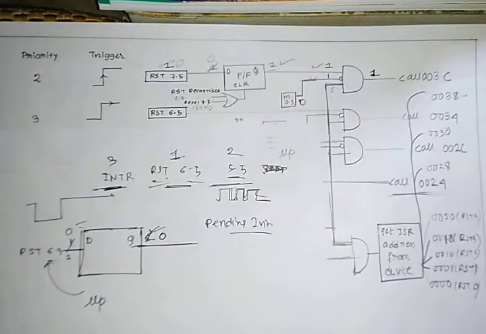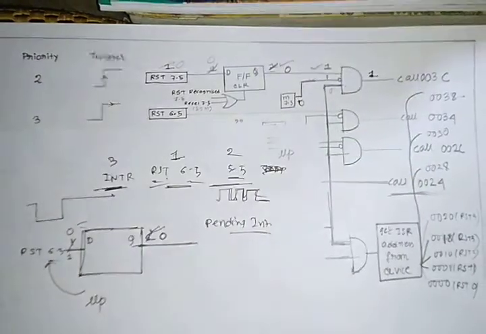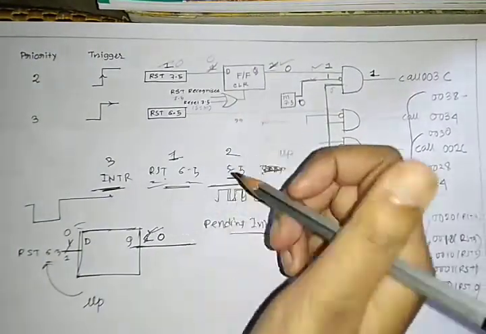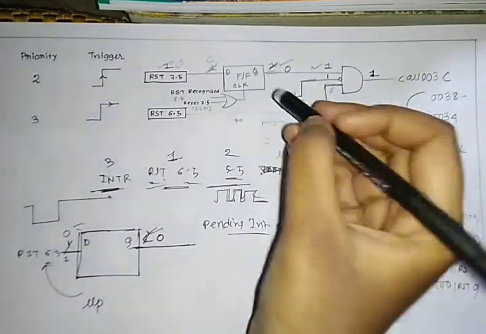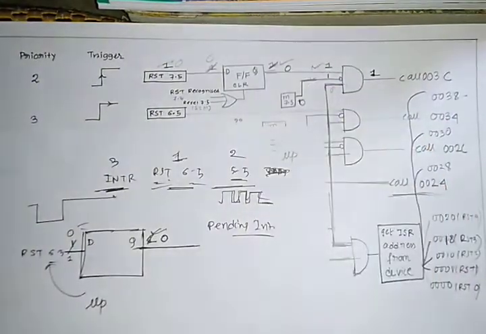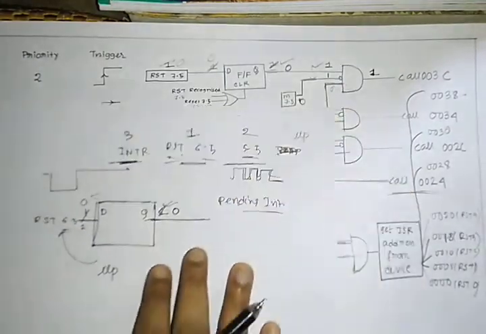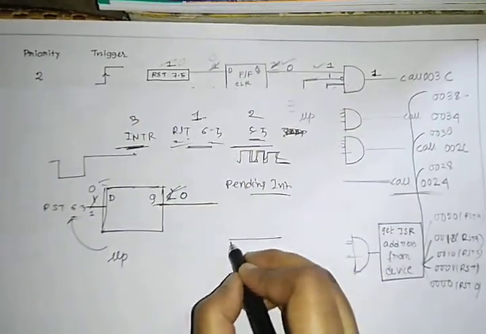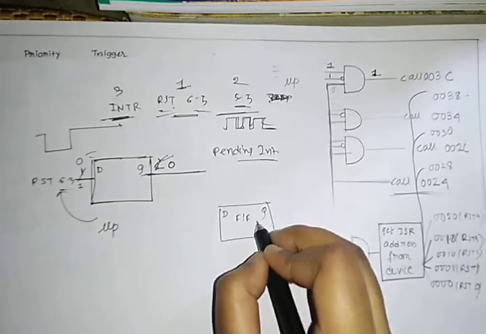After the RST 7.5 interrupt gets executed, now this should also go to 0. When your task gets executed, if you want to show 1 to 0, meaning now RST 7.5 is free again, you have to clear that D flip-flop. D, Q, FF, clear.